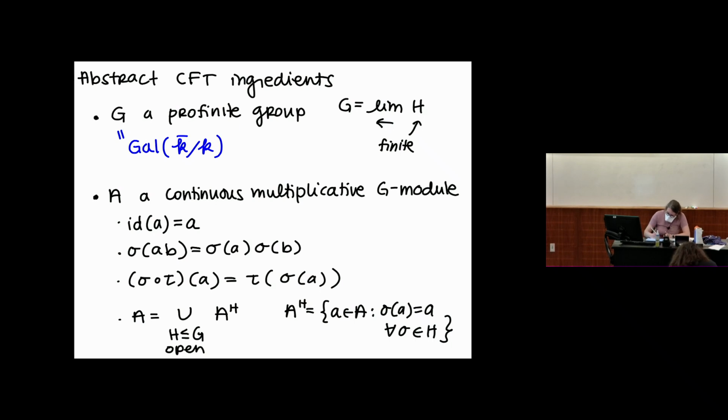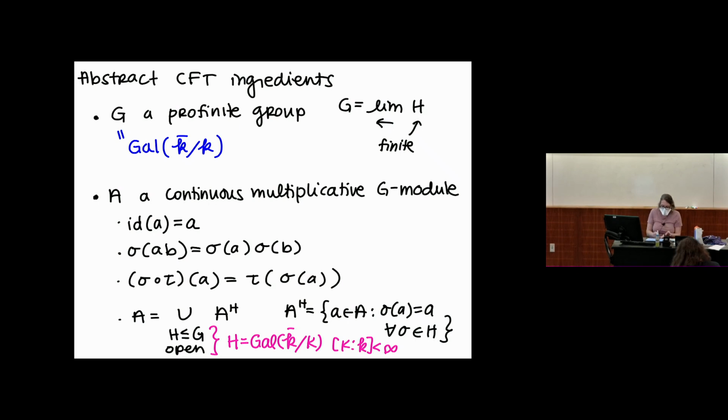And these open subgroups of G, when you think of G as being the Galois group of some separable closure, are exactly the Galois groups of K-bar over K for a field big K of finite degree over little k.